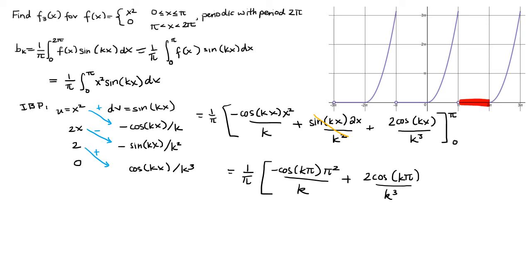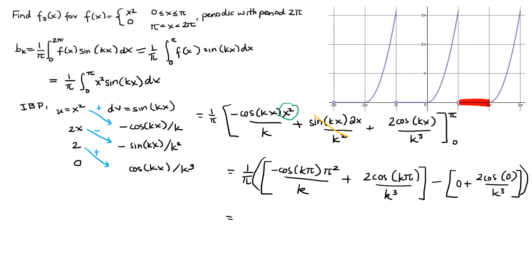Okay, and this is minus, well, when we plug in 0 here in this x squared, our term is equal to just 0. So we get minus 0 plus 2 cosine of 0 over k cubed. Okay, all of this is multiplied by 1 over pi.